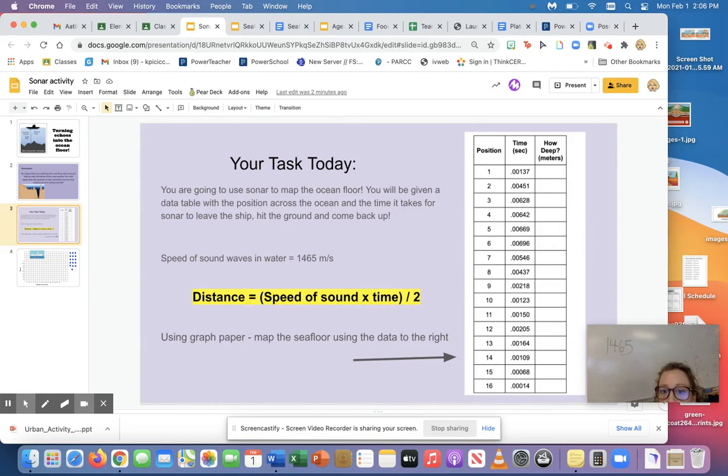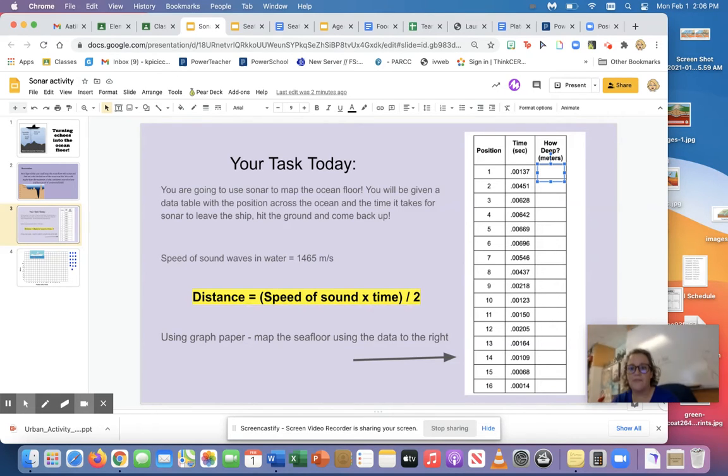There we go. You're always going to times it by the time that you get. You're going to do that first. Then you're going to divide it by 2. So 1465 times this time, that's right here in seconds, then divide the whole answer by 2, and the answer that you get will go right here.